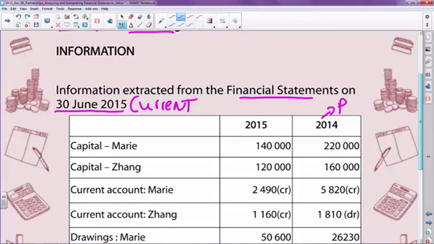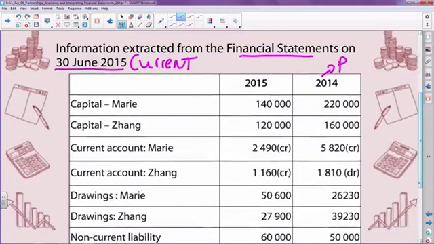So our information that we have in front of us, we've got capital contributed by both partners for both the current year and the previous year. Then we've got the current account balances, again, for both partners, partner Murray and Zhang, for the current year and the previous year.